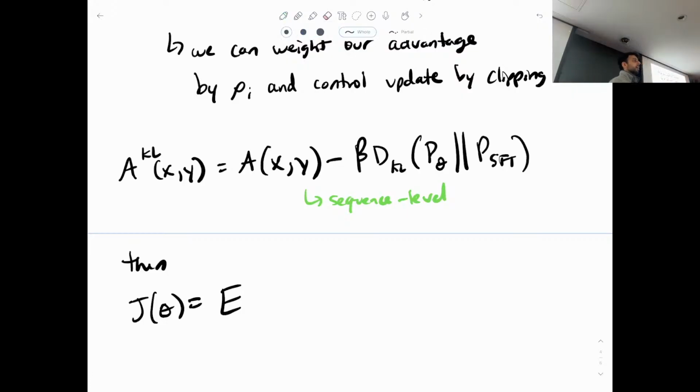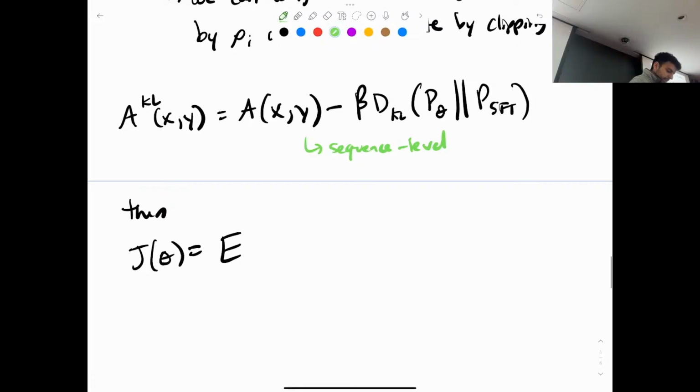And our log probability also becomes the sum of the log probabilities at each individual token. So we can write this J, the expected reward, by summing over the token positions, and this is where we introduce our policy ratio and our clipping.